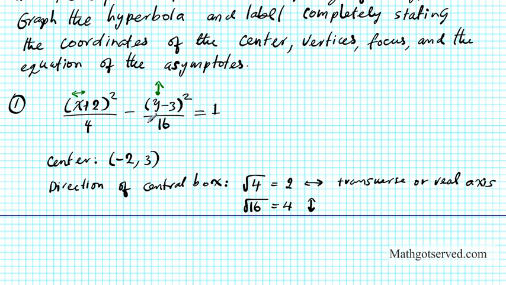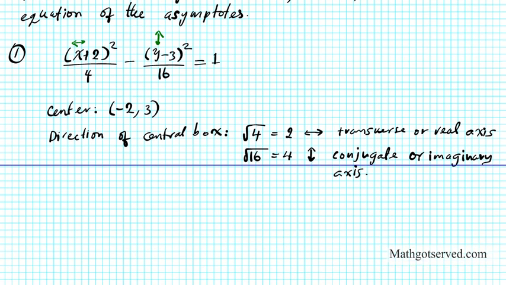On this side here, the y is negative, so this would be our conjugate or imaginary axis. The reason why it's imaginary, think about rooting a negative number. We take the square root of a negative number, we have imaginary. So that's why the variable with the minus in front indicates the imaginary axis. Okay, so there we have our central box.